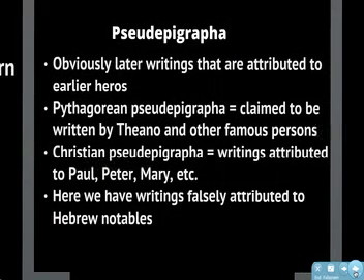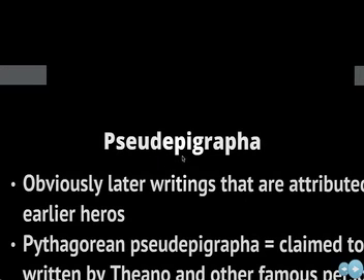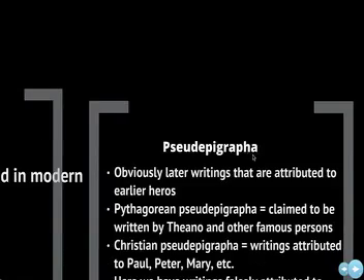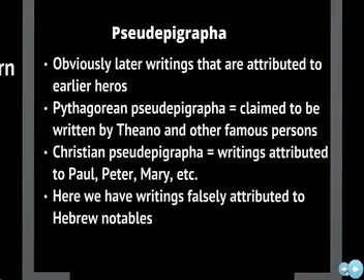Okay, the pseudepigrapha. Now, you need to look here at the word pseudepigrapha. It means false, and then pigrapha is writing, or some people say falsely ascribed. Now, these are writings that are attributed to earlier heroes.